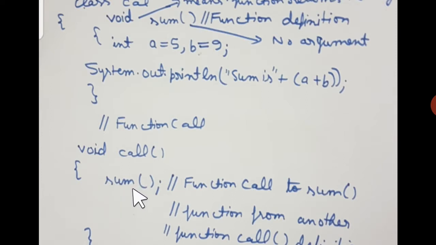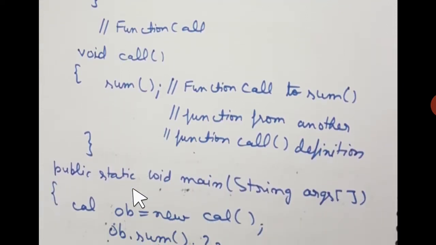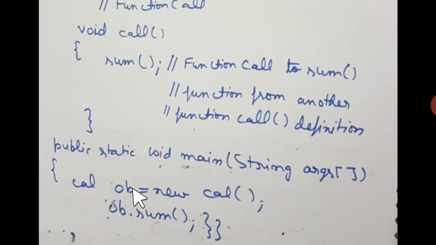All right. Now students, after that I've told you and described one very important method: how to call a member function of a class using the object of that class. That's what we are going to do in this main function. So public static void main String args is the main function header. Then inside the main body, what is there? The creation of object ob.